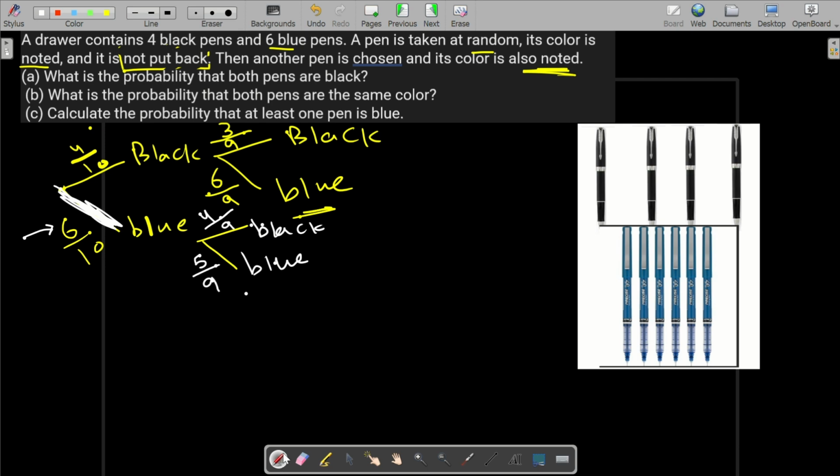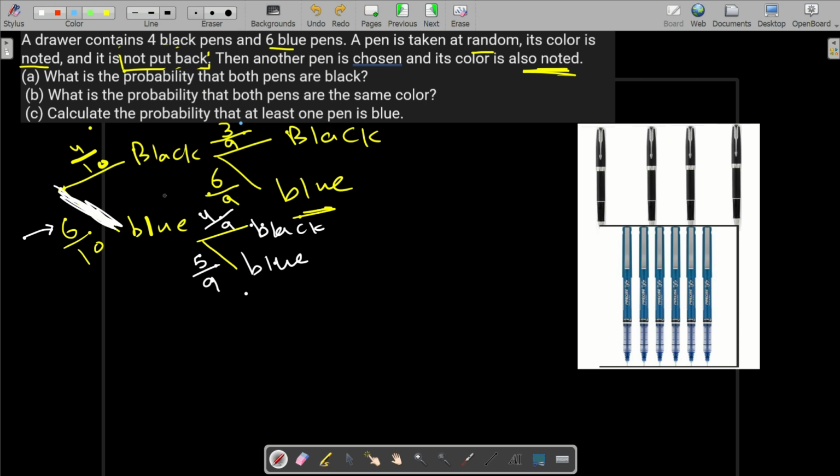If you are confused here, you have to make sure that the sum of these fractions must be 1. 3 over 9 plus 6 over 9 equals 1. And also 4 over 9 plus 5 over 9 must equal 1. So this is the tree diagram.